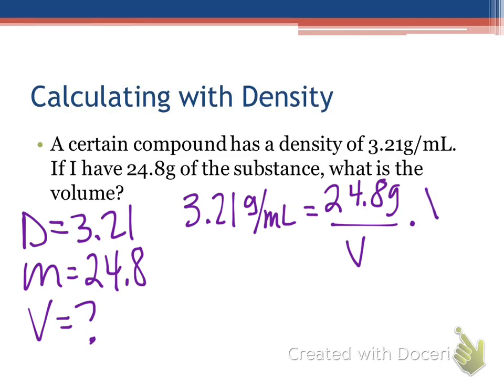We're going to multiply by it on this side. And if we do it on the right, we have to do it on the left. So that means we've canceled here, and we're left with v times 3.21 equals 24.8. So how do we get v by itself? Divide by 3.21.